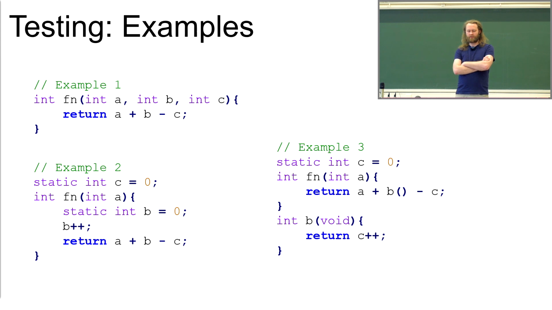Because the B function, yeah, it returns C++. So it's going to take C, increment it by 1, and return that. The question is, what is the order of operations of the call to B and the minus C part? Does it evaluate C first, or does it evaluate the B function first? Do you know?